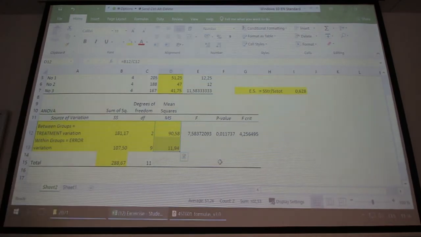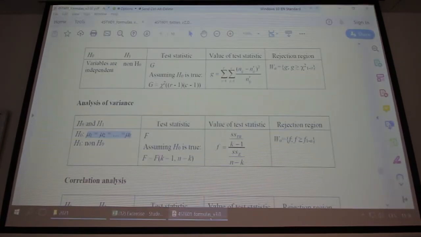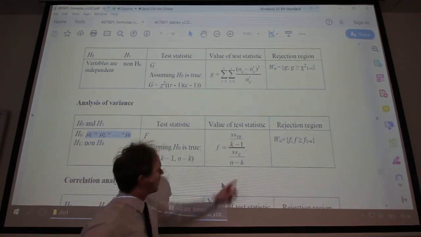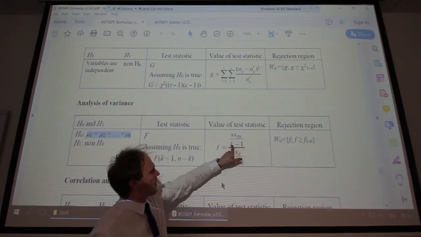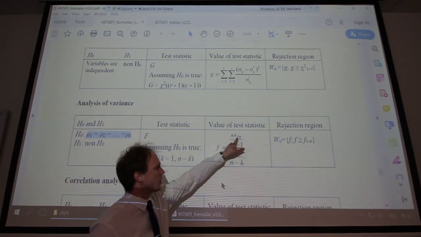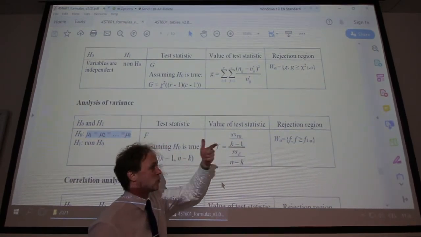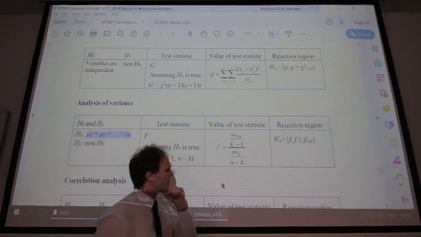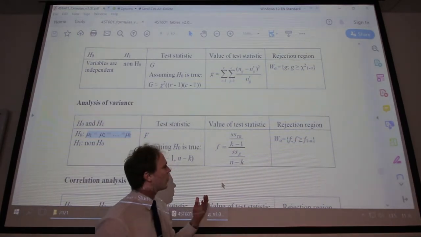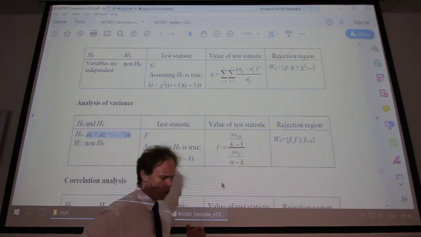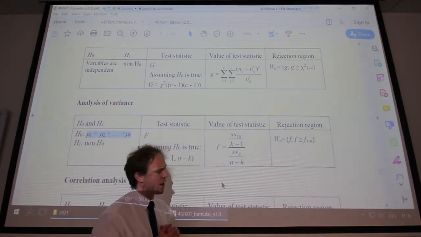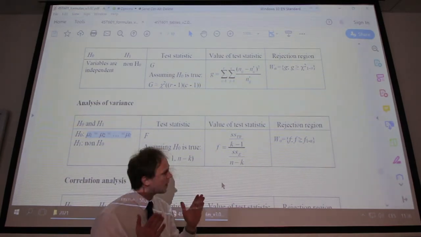Finally, if you check these formulas, you can see that the value of the test statistic is calculated as a ratio. Treatment sum of squares divided by k minus 1, in our situation divided by 2. In the denominator, we have the error sum of squares divided by n minus k, degrees of freedom equal to 9. So the ratio of treatment and error variance is the value of the F statistic.